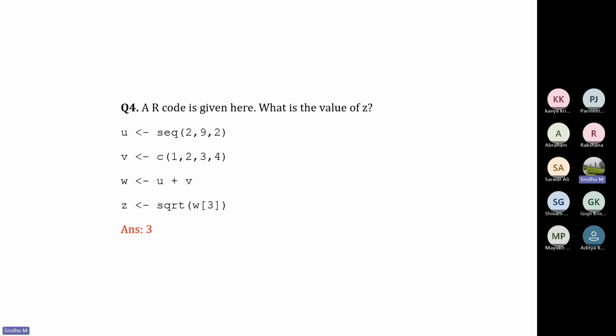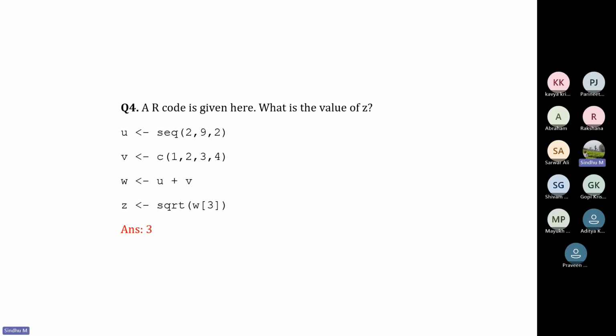So this is the W vector. And they are saying Z is the square root of W[3]. This W[3] means the third term of W. This is the first term, this is the second term, so this is the third term. So it is the square root of 9, which is 3. So the final answer is 3.